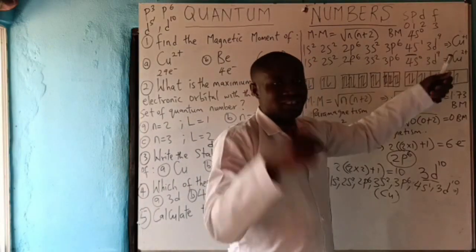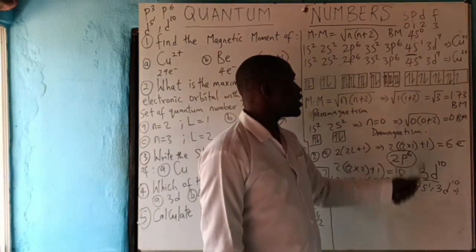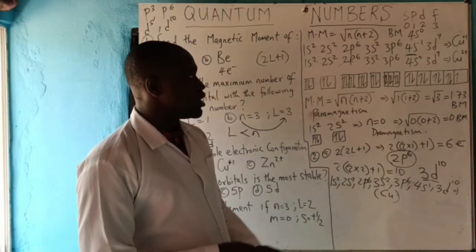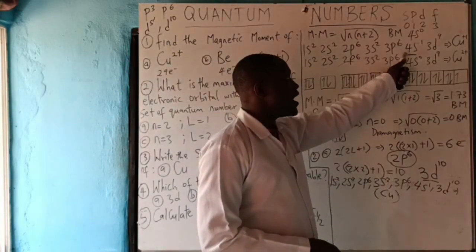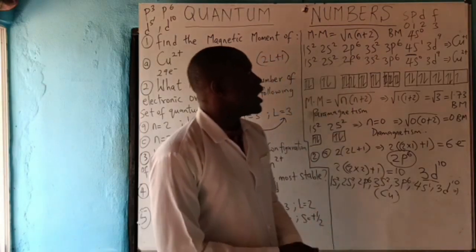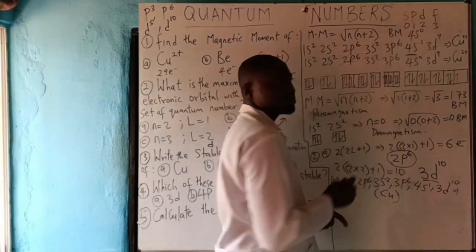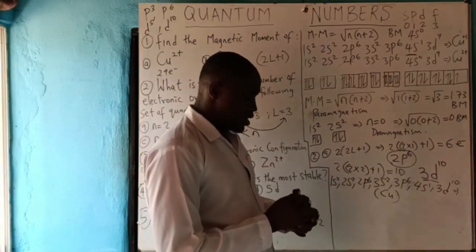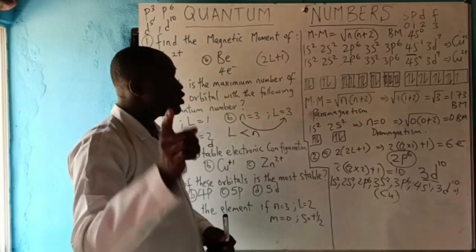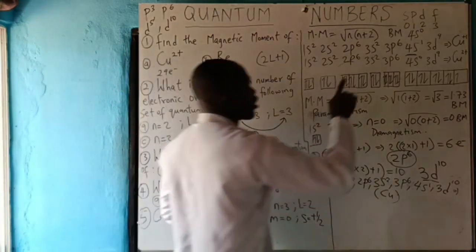The third shell is inside the fourth shell, as we discussed before now. So the 4s subshell is inside the outermost shell, which is the fourth shell, and the electron will leave from this. That is about copper 1 plus.